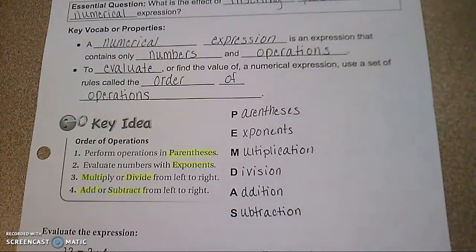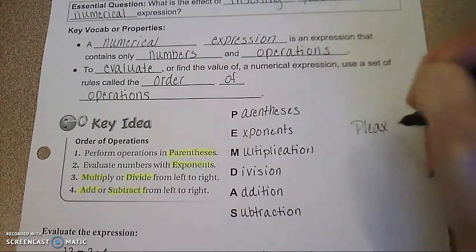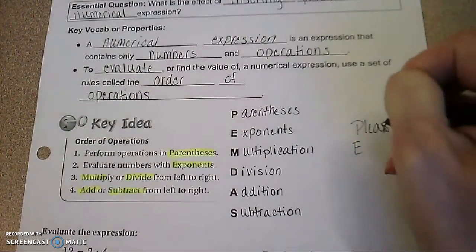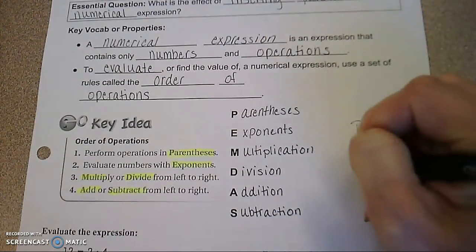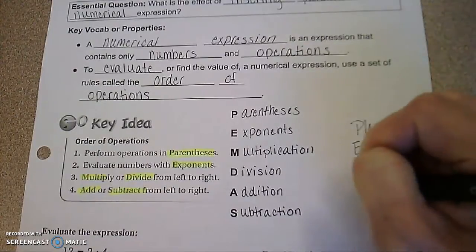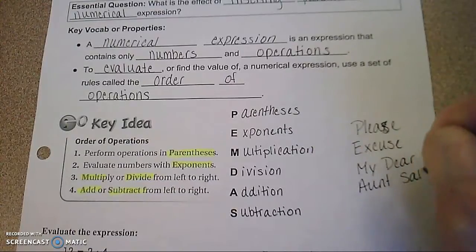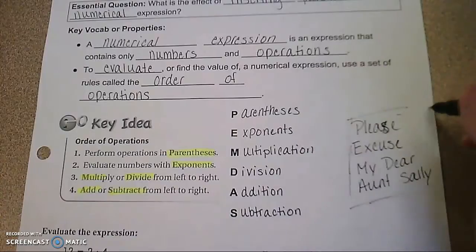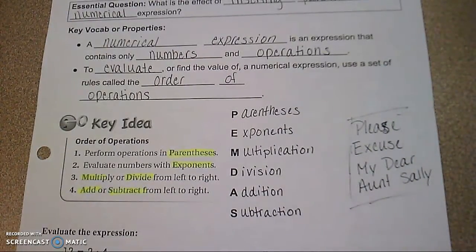Some of you might remember this by saying, please excuse my dear Aunt Sally. So this is called a mnemonic device. Okay, so that's another way to remember PEMDAS. Or you can just think PEMDAS.